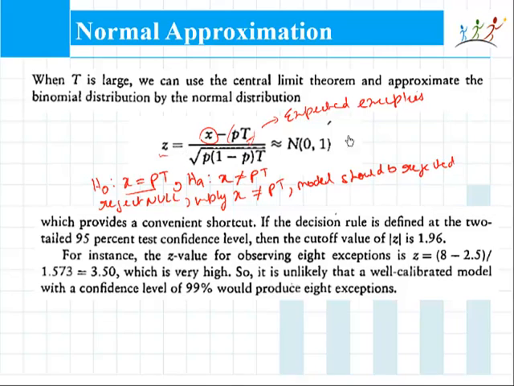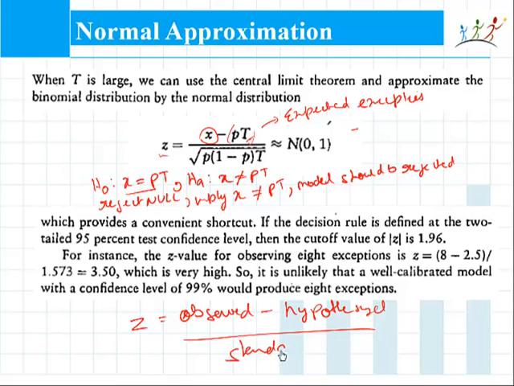Please note, the Z statistic is calculated as the observed value minus the hypothesized value divided by the standard error. The standard error, or the standard deviation, in the case of a binomial distribution can be calculated as the square root of NPQ, where P is the probability of success and Q is the probability of failure.